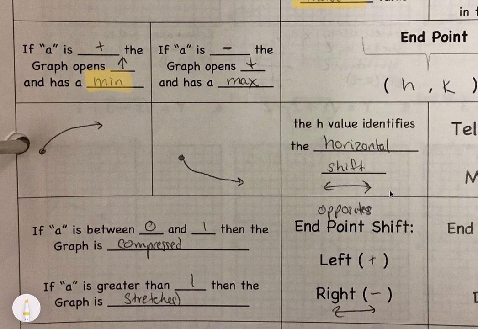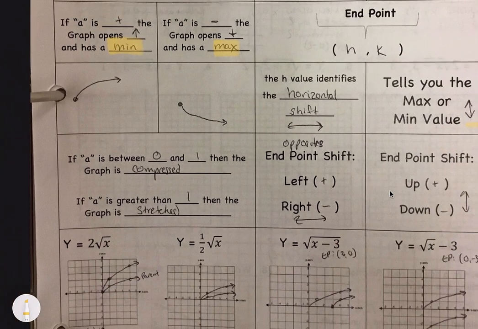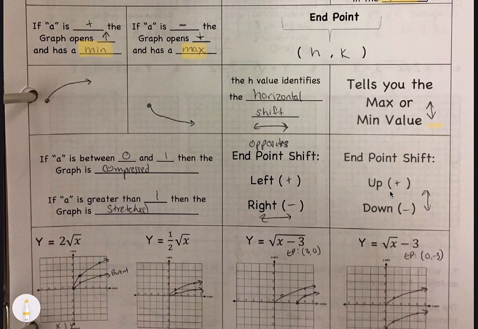If a is negative, it opens down and has a max. Very similar to our quadratics, that went positive and negative. But now it just has a single point to the left and it goes down and to the right. If a is between 0 and 1, then we say the graph is compressed. And if a is greater than 1, we say it is stretched.